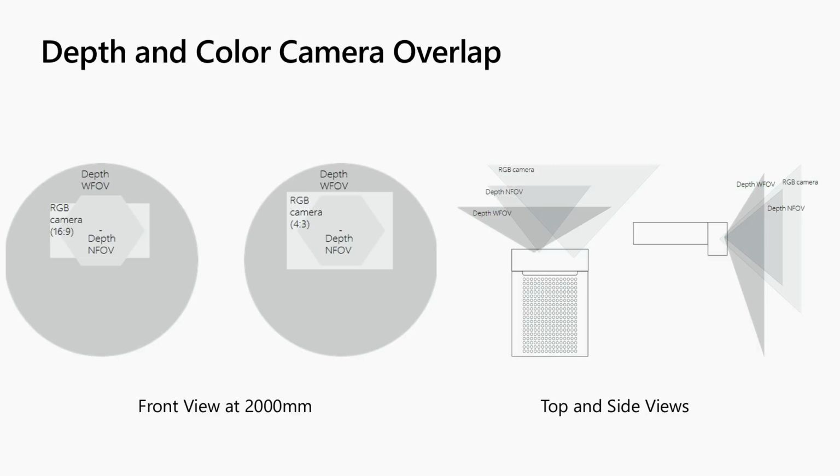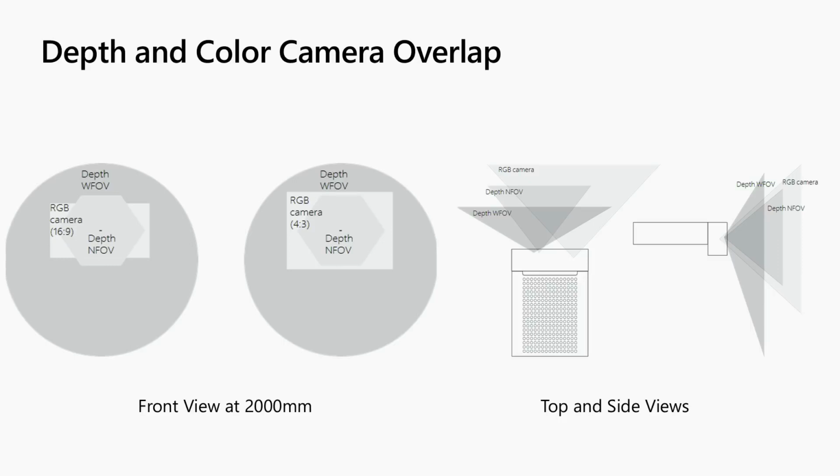And you'll see that we have different fields of view for our different cameras, and these diagrams show you how they overlap. So for example, on the left side, we can see that the RGB camera in 16:9 mode does not quite cover the entire narrow field of view depth, but in 4:3 it does. So if you want full overlap in the narrow field of view, you'll want to use the 4:3 color modes.